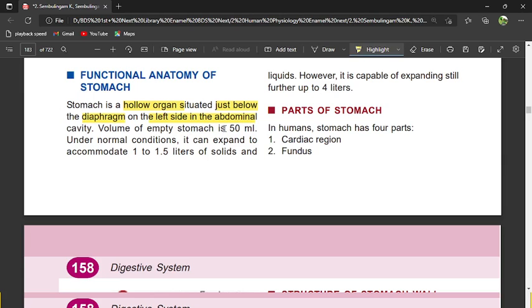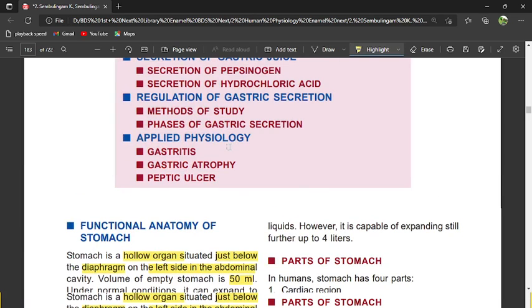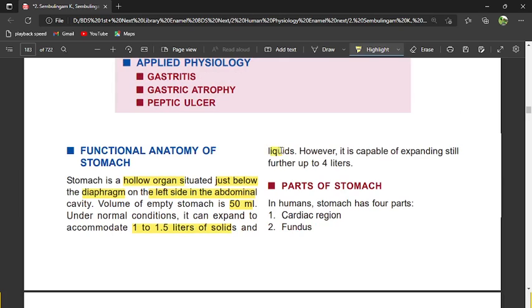Volume of the empty stomach is how much? 50 ml. So if your stomach is empty, 50 ml is its empty level, under the normal condition, okay, it can expand or accommodate 1 to 1.5 liters of solids and liquids. It is however capable of expanding still further, up to 4 liters.